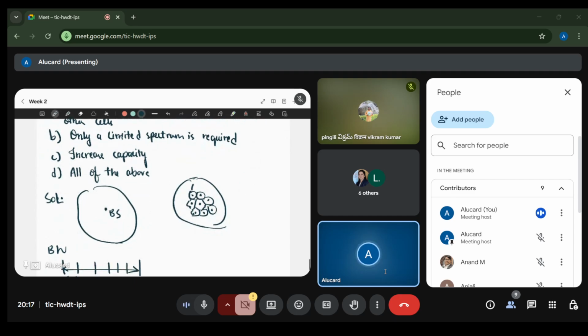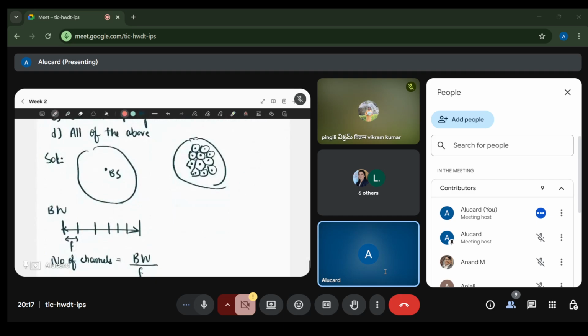One bad thing is that there are more number of base stations. And suppose these guys are using the same frequency.